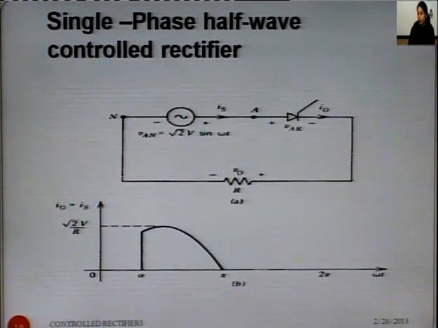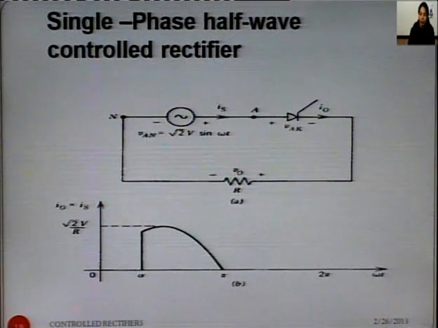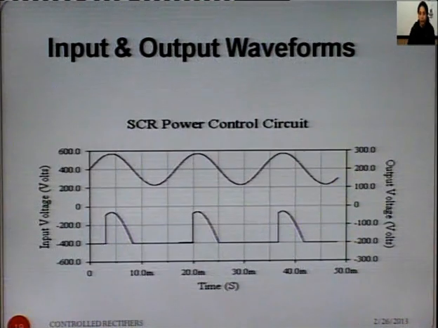If we use a freewheeling diode, we connect it in parallel with the load R. Next we have the waveform from 0 to alpha. Our input AC signal is from 0 to pi, then pi to 360 degrees.